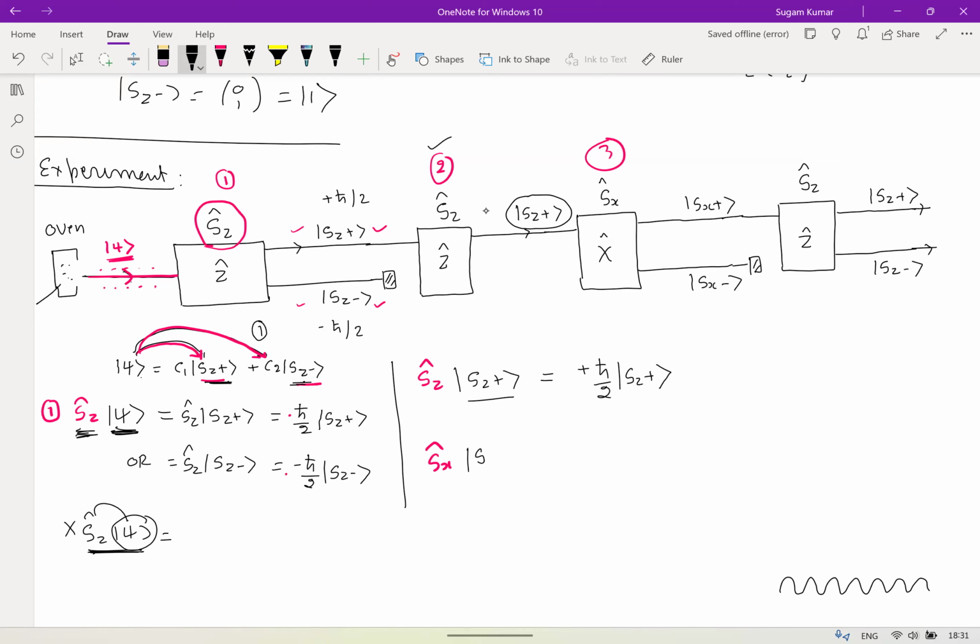It is monochromatic. In terms of mathematics, at the first stage, you consider psi as C1 SZ plus plus C2 SZ minus, on that form. Earlier you said this one, correct? In this example, it's fine in this way, monochromatic, group velocity, other things.